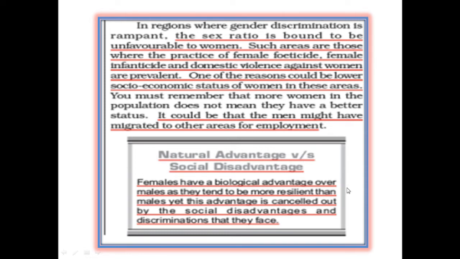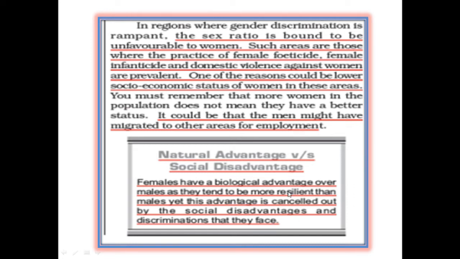Now come to this box. Females have a biological advantage over males as they tend to be more resilient than males. Yet, this advantage is cancelled out by the social disadvantages and discrimination that they face.